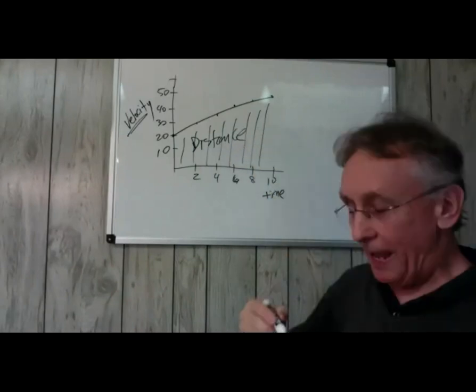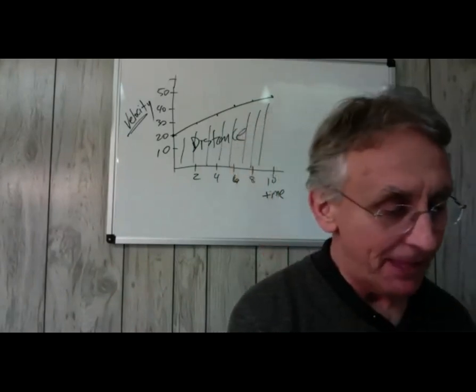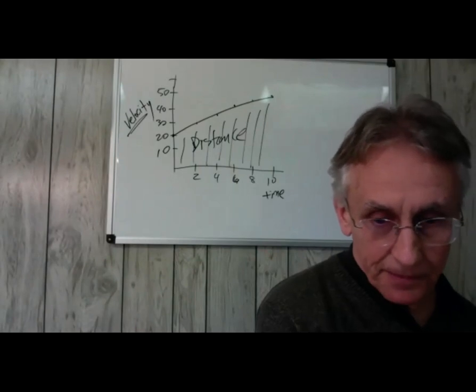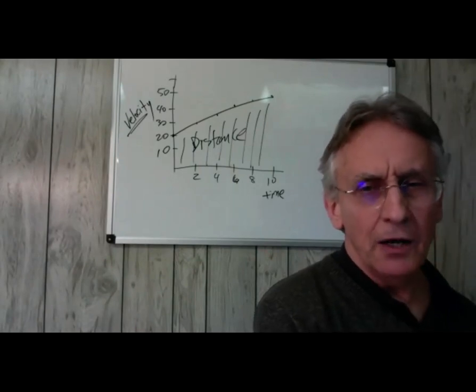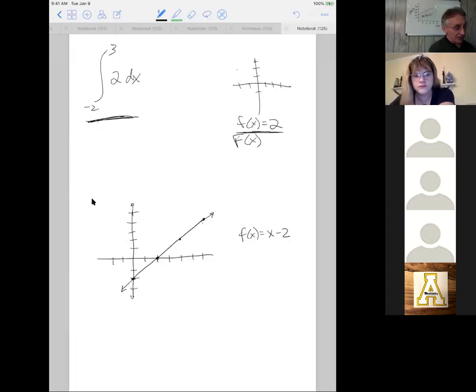All right, so let's go back to my iPad and let's do a couple problems here. So here's the deal. We've got the integral. Notice what we've got: y equals 2x is a straight line going through here forever in both directions. I'm restricting it to between -2 and 3.